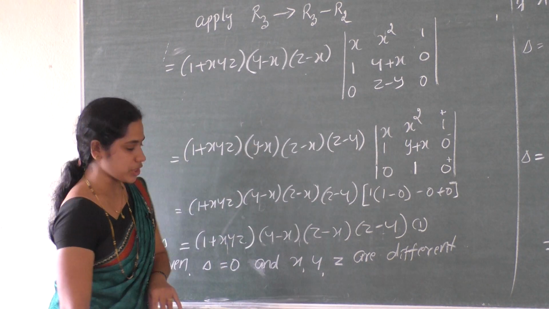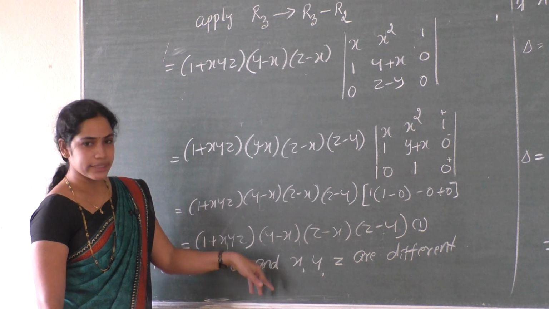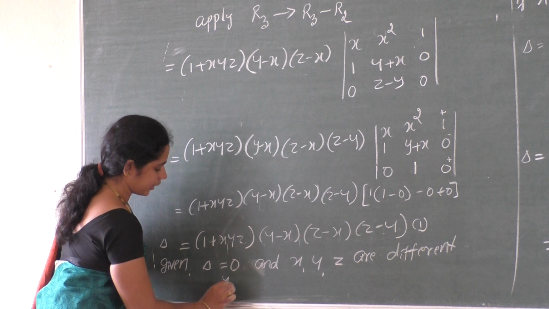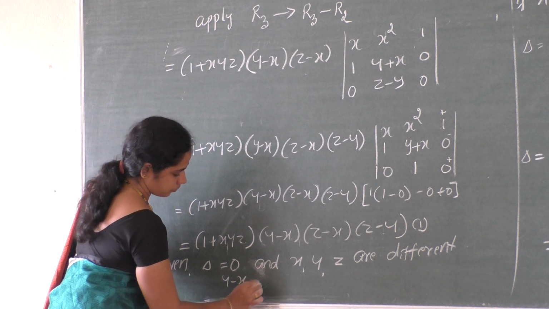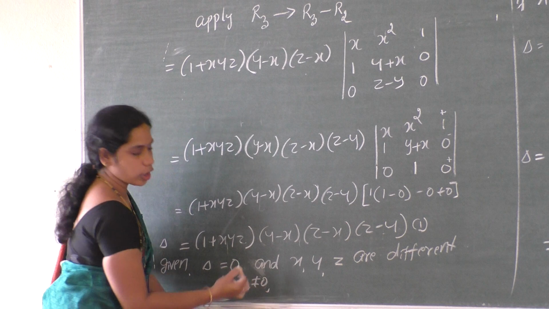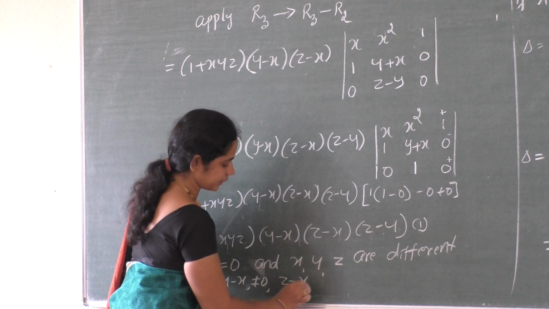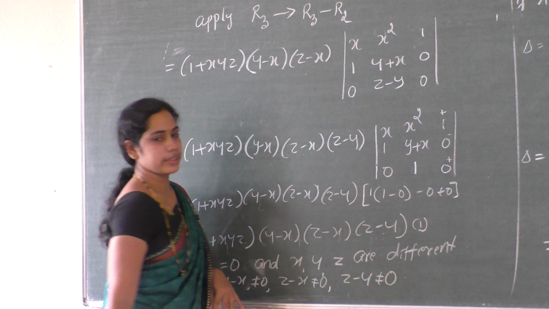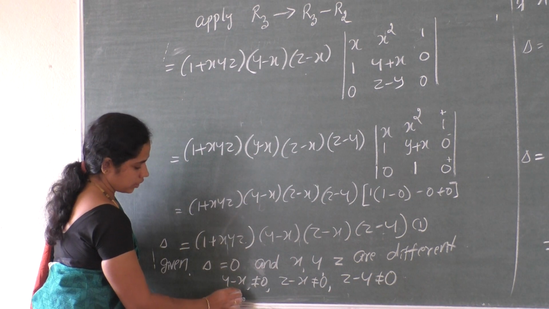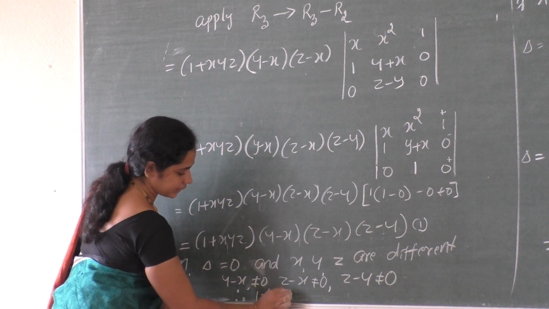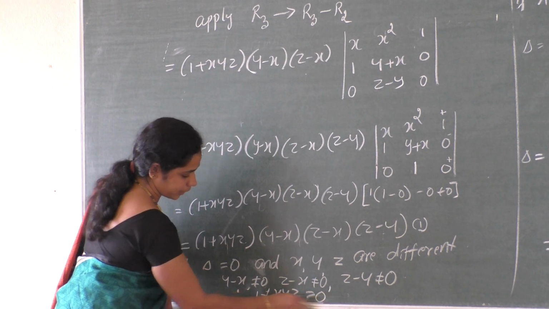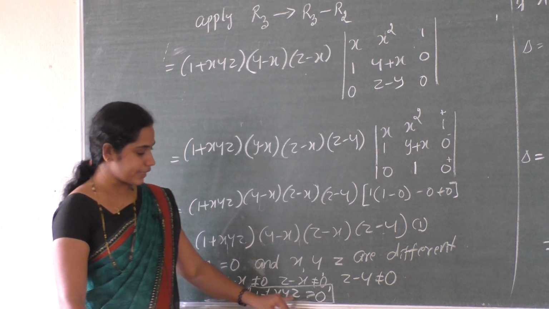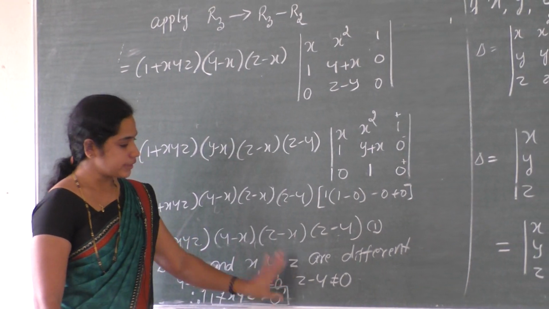That is our conclusion. So, given delta is equal to 0 and x, y, z are different, y minus x cannot be 0, z minus x also cannot be 0, z minus y also not 0. Therefore, first term 1 plus xyz should be 0. So we can say that 1 plus xyz is 0. This is important.